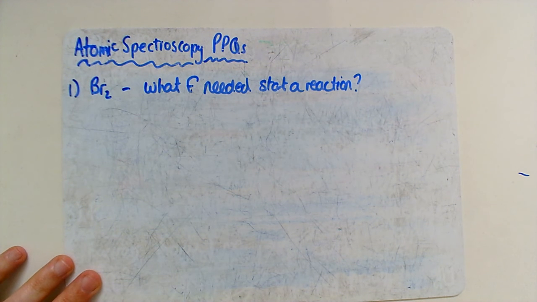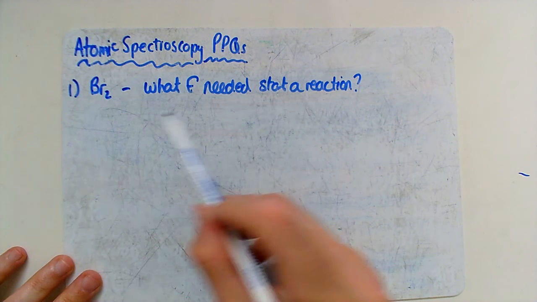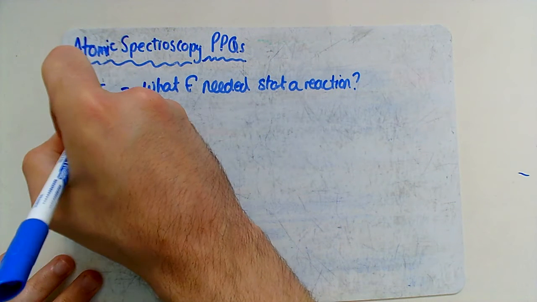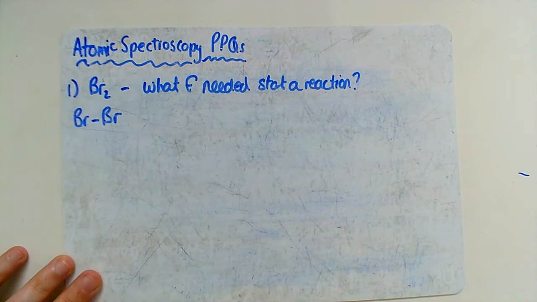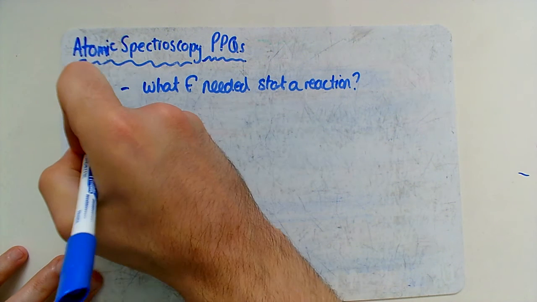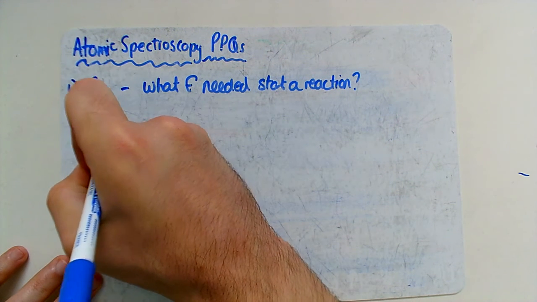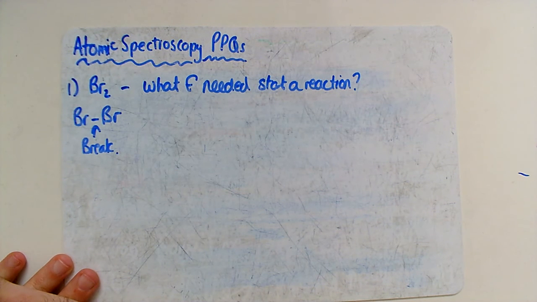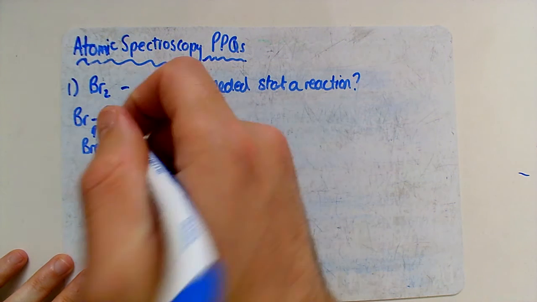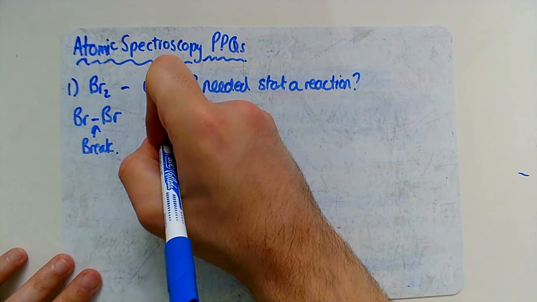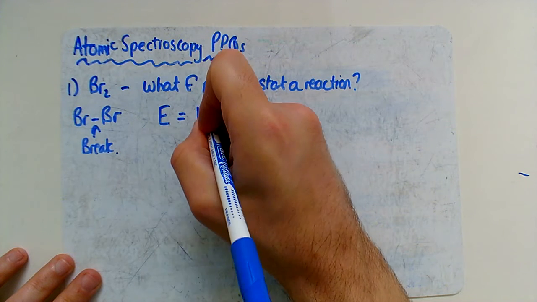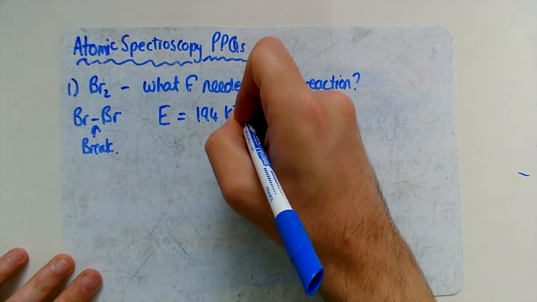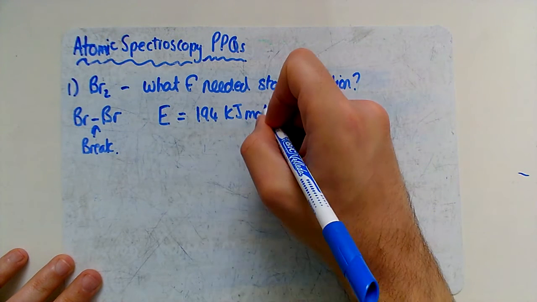Now the reason for that is if you're going to start a reaction with bromine, what you need to do is break this bond. If you're breaking that bond, you need to have enough energy to break that bond. And if you look in the data booklet, the energy of that bond was 194 kilojoules per mole.